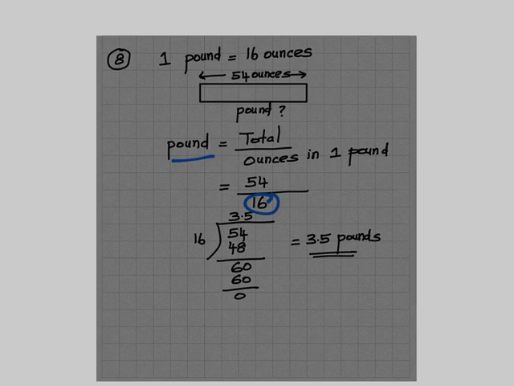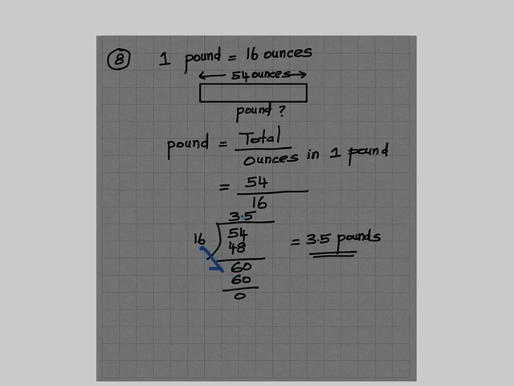Let's divide. When we divide, let's see how many 16 goes in 54. 16 times 3 is 48, right? The 48. And subtract 54 minus 48, you get 6. 6 is a smaller number. So we make a decimal on the top. When you make a decimal, put a 0 next to it and it becomes 60.